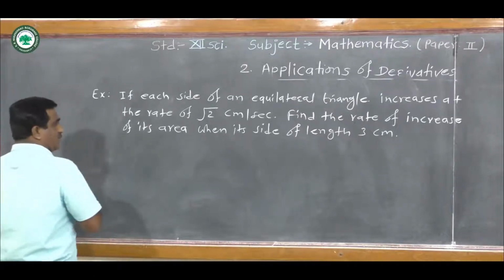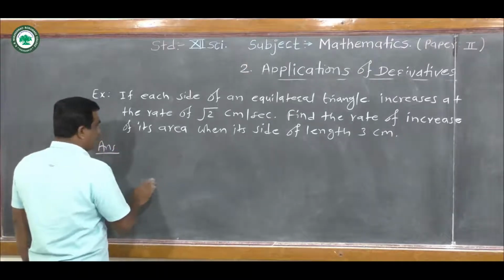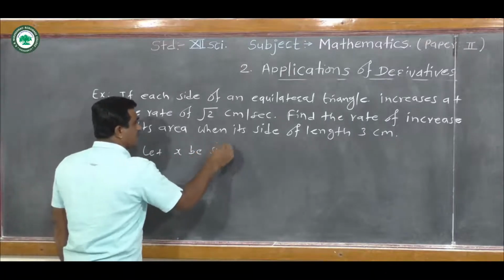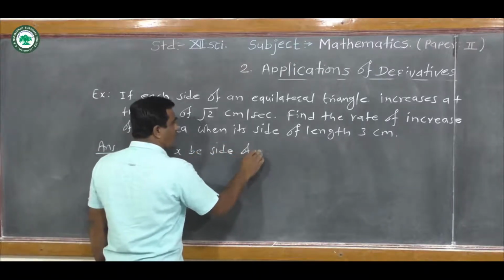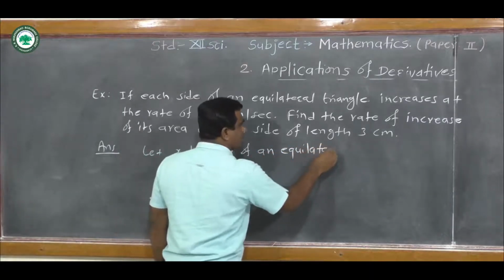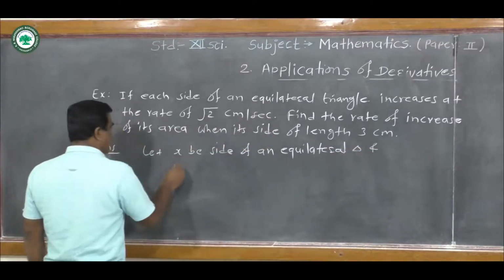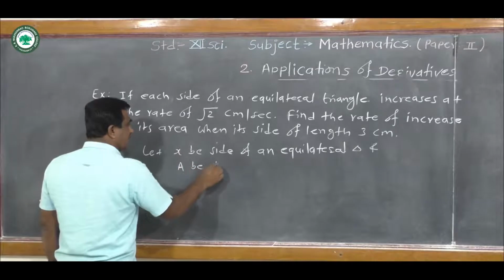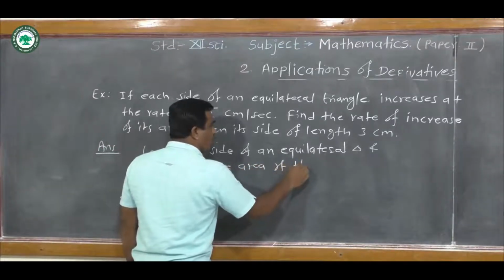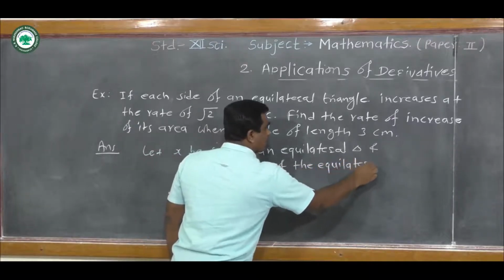Now write the answer for this example. First consider, let x be the side of an equilateral triangle and A be the area of the equilateral triangle.